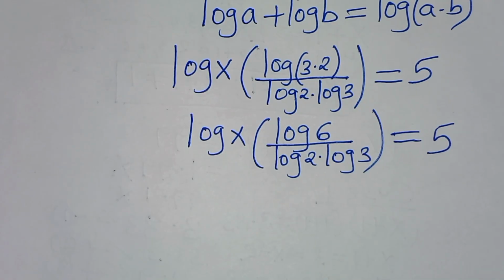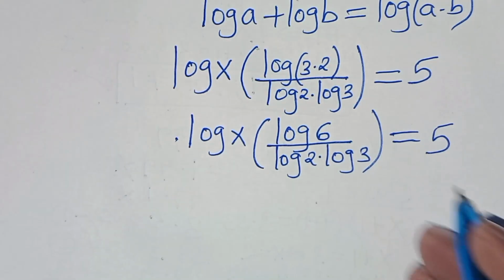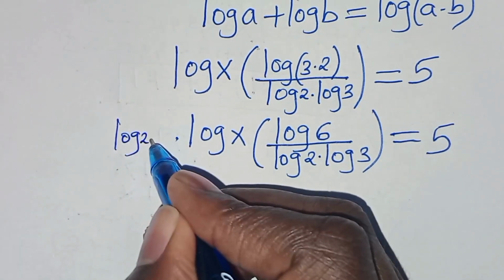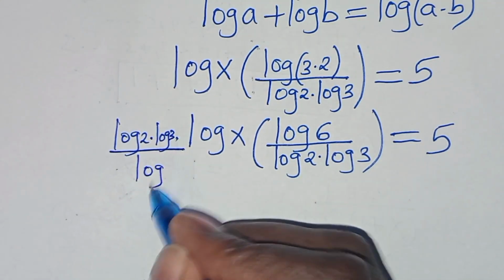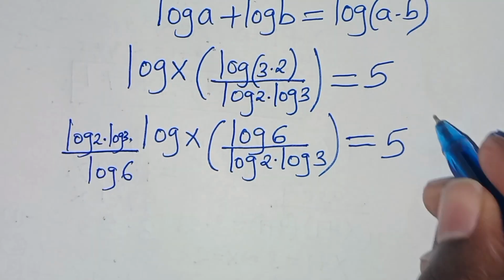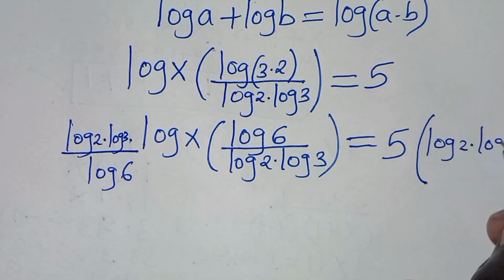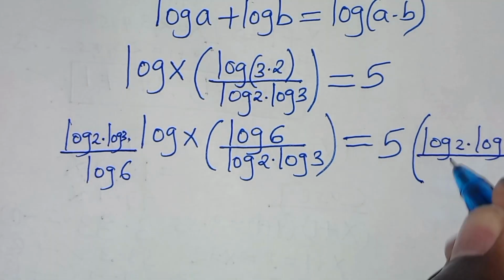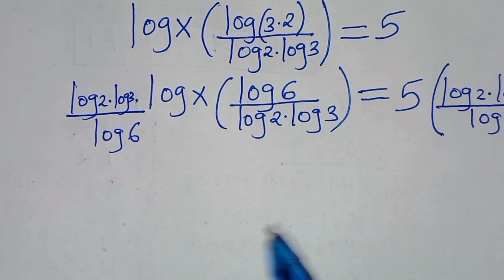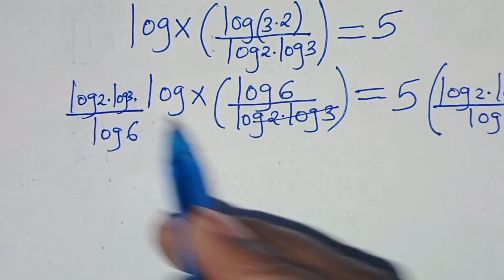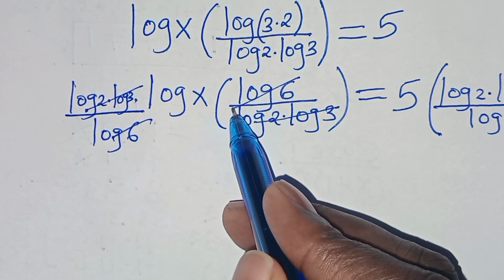Now, the next step is that to solve for this x, we multiply both sides by log 2 multiplied by log 3 divided by log 6. So here we'll have 5 multiplied by log 2 times log 3 divided by log 6. Okay, so in this case here, log 2 log 3 and log 2 log 3 simplifies, and then log 6 and log 6 simplifies.